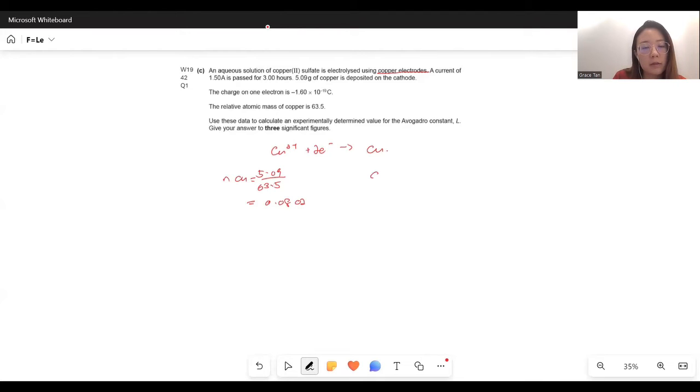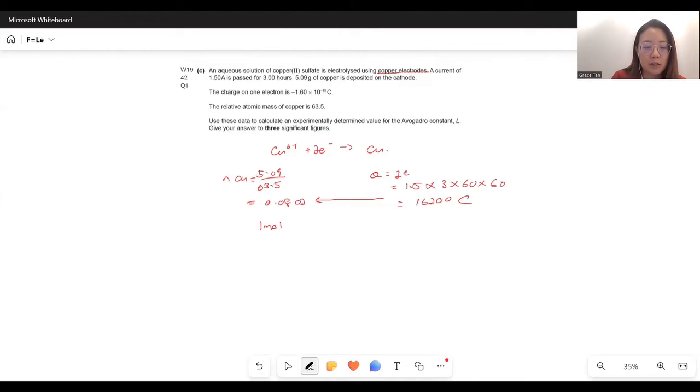And the quantity of charge passed is 3 hours, converted to minutes, then to seconds. What we can see here is that 0.0802 mole was deposited by 16200 quantity of charge. Most of the time, we're interested to know 1 mole, because the question usually asks what quantity of charge is needed to deposit 1 mole of copper.